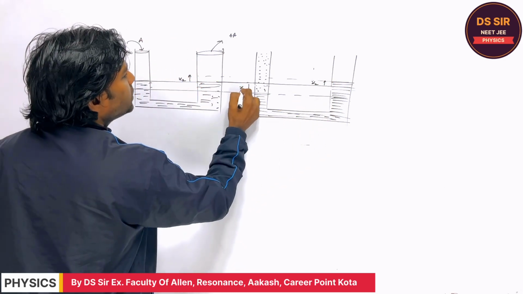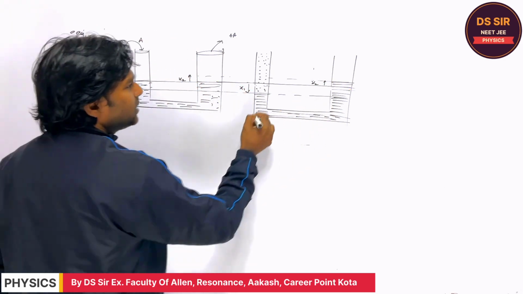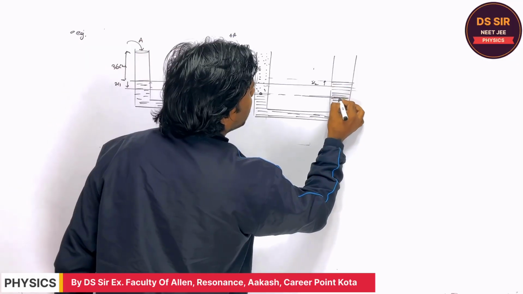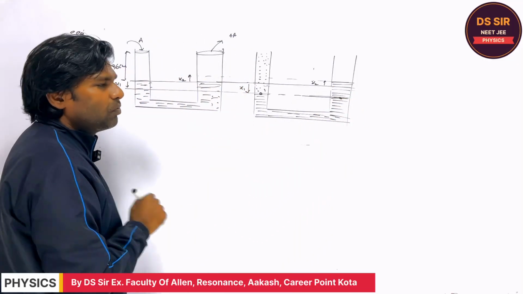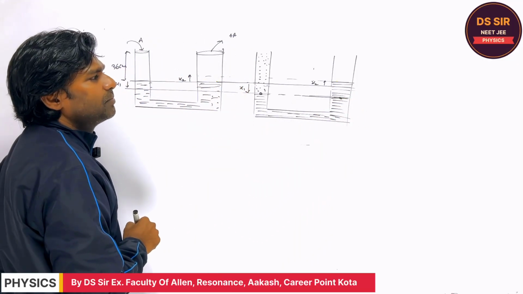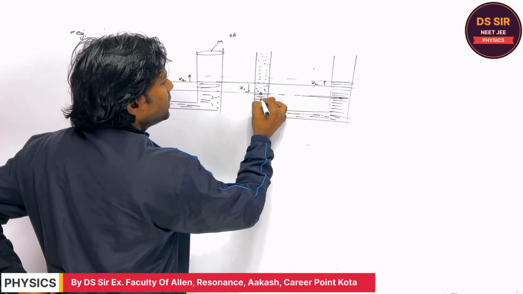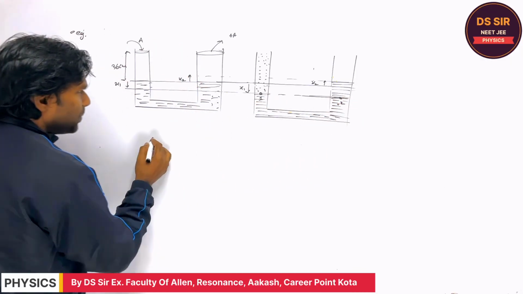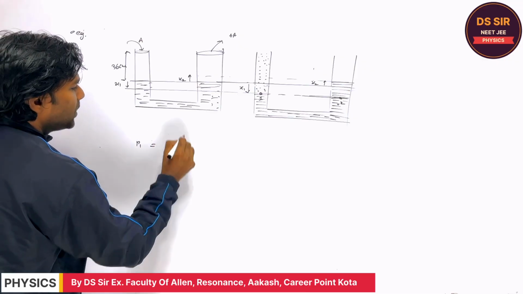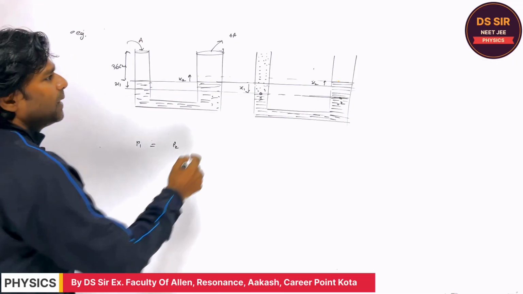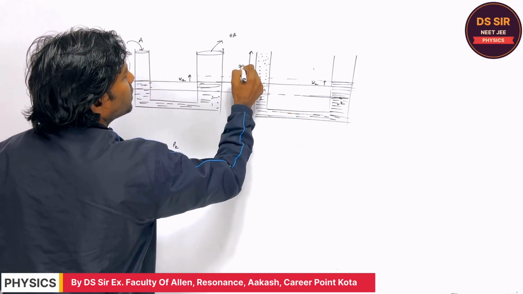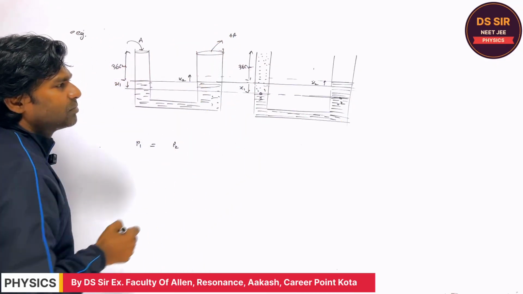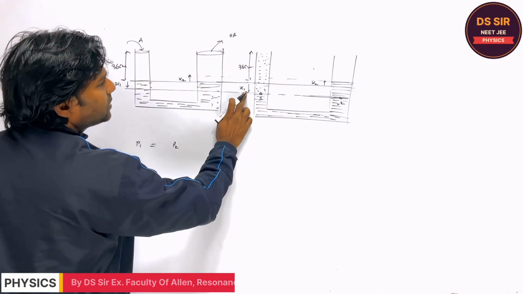Now, consider the concept that at the same horizontal level, in the same liquid, the pressure must be the same. If I consider this point 1 and this point 2, the pressure P1 and the pressure P2 must be the same. This is 36 centimeter, and this is x1.